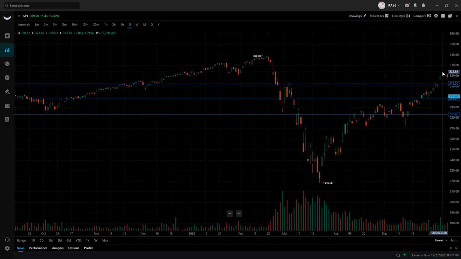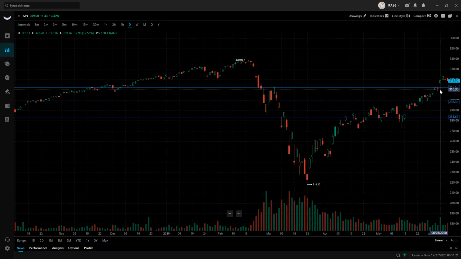Yes, you could have maybe squeezed a couple more points out of the S&P 500, but to be in the game long term, you have to focus more on the resistance areas than on specific price levels. In this case, price came to this area and never was able to close above it.